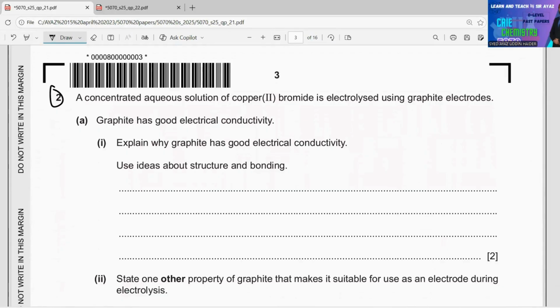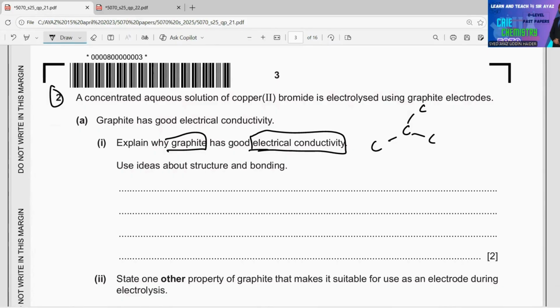You know that in the structure of graphite, each carbon is bonded to 3 other carbon atoms. So this can be the 1 point, and you can express this in terms of the presence of outer shell electrons, because they are talking about electrical conductivity. Electrical conductivity in solid is due to the presence of mobile or free electrons.